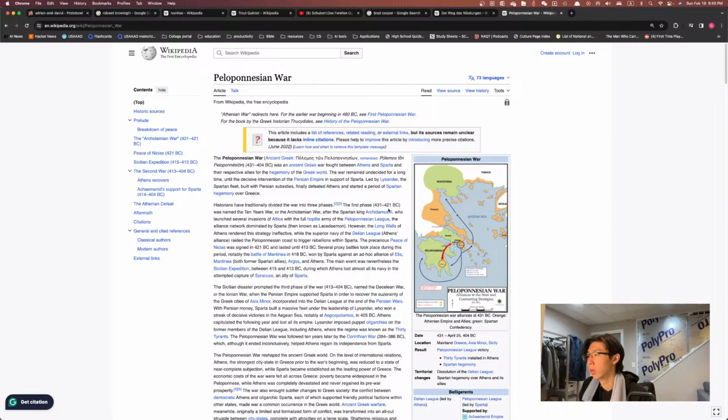The Peloponnesian War was between Athens and Sparta and their respective allies for the hegemony of the Greek world. Undecided for a long time until the Persian Empire got involved on Sparta's side. The Spartan fleet, with Persian subsidies, finally defeated Athens to establish Spartan hegemony over Greece. Oh, so the Spartans won. Okay.